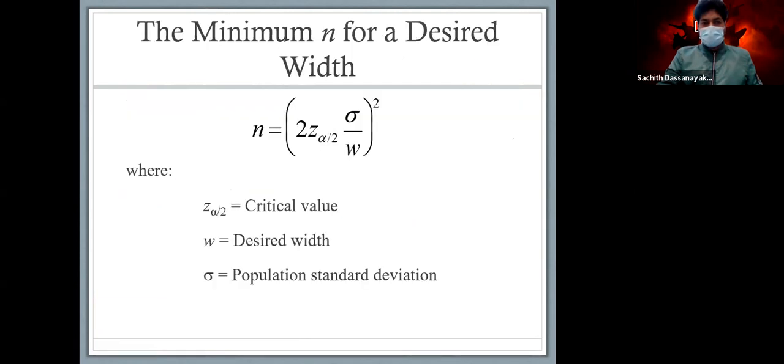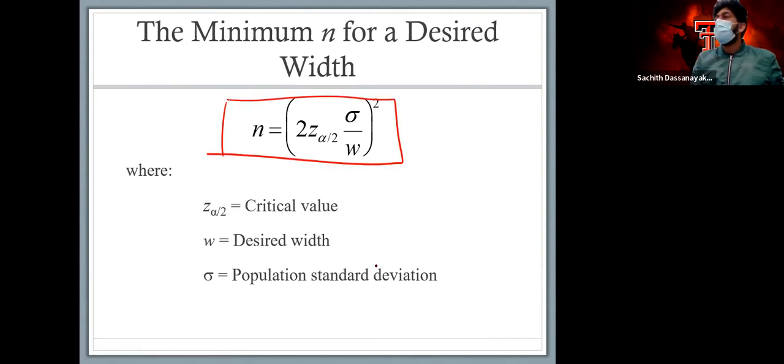So, minimum n. You saw that once we increase the sample size n, we can get a much better confidence interval. There is a way to find the minimum sample size that we need, using this equation here.